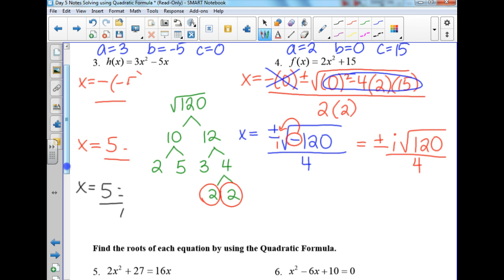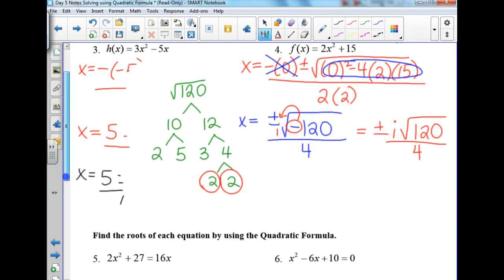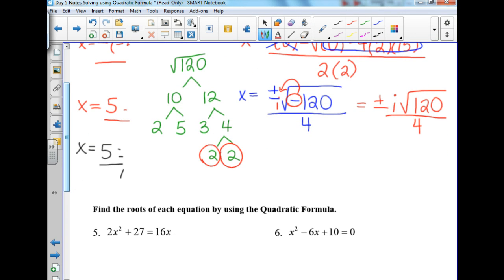So what I see here a lot is after you simplify square root 20, when you put it back in, people forget things or miswrite things. So all you're doing is, if I rewrite the square root of 120, it would be 2 square root of 2 times 5 times 3, which is 30. Okay, so we're just replacing the square root of 120 with this.